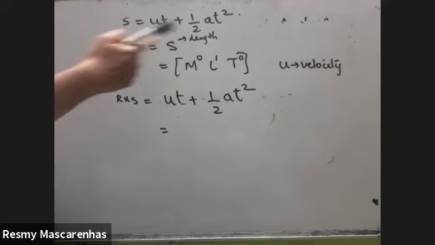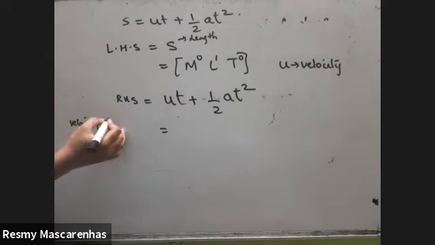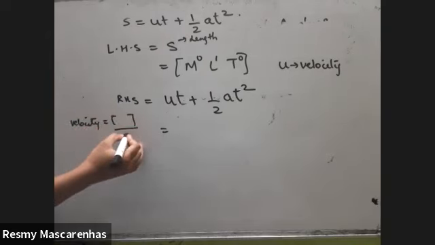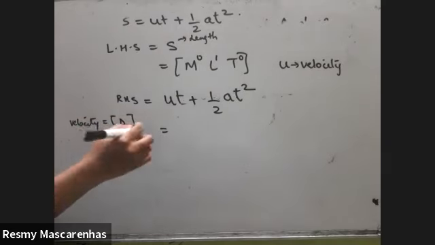But suppose you don't know it by heart, you can always check, because you know that velocity is speed upon time. I taught you already, the serial number 7, physical quantity speed or velocity. That will be distance, and this will be time.